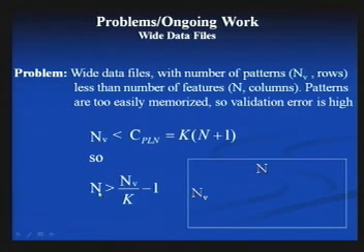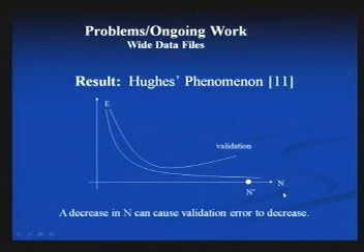You could say, on the other hand, the number of input features is too large. Okay, so I was thinking of calling this a fat data file, but it'd be politically more correct to say a wide data file, right? So anyway, one name for this kind of behavior is the Hughes phenomenon.